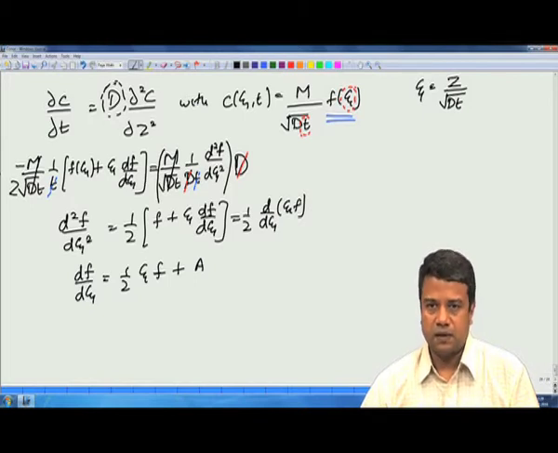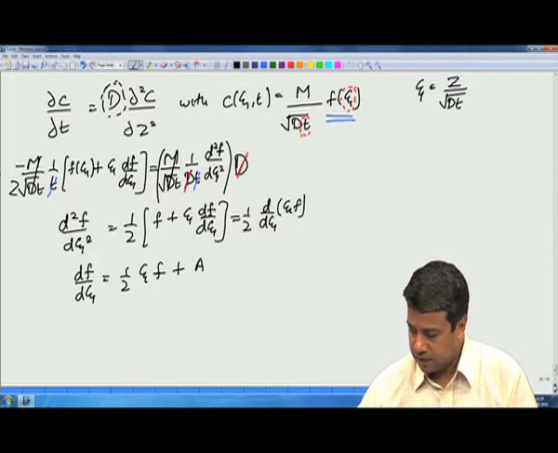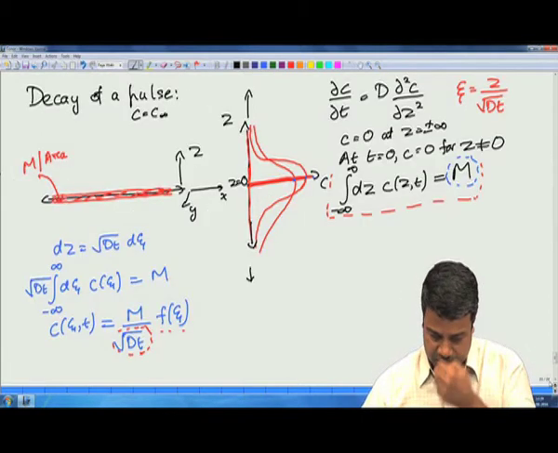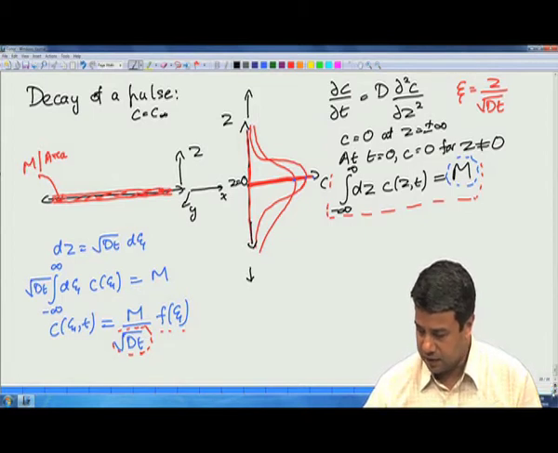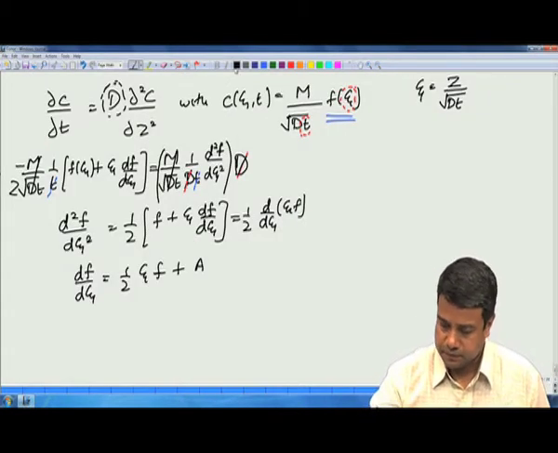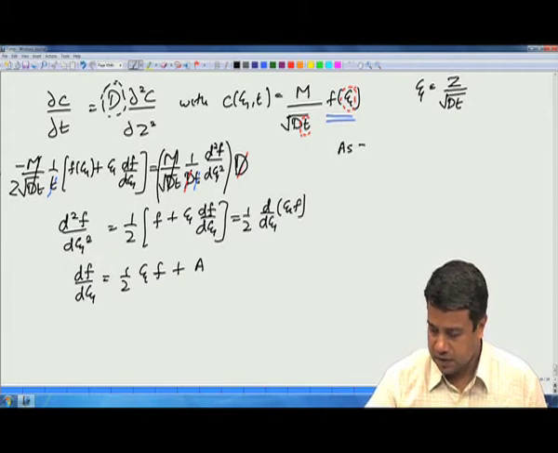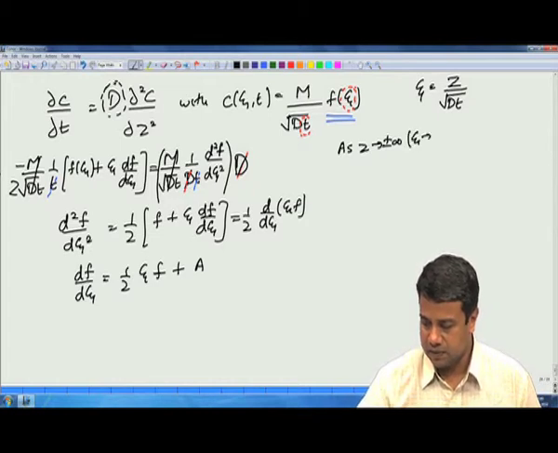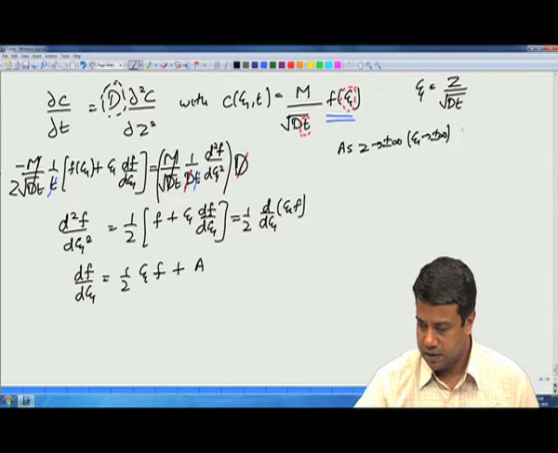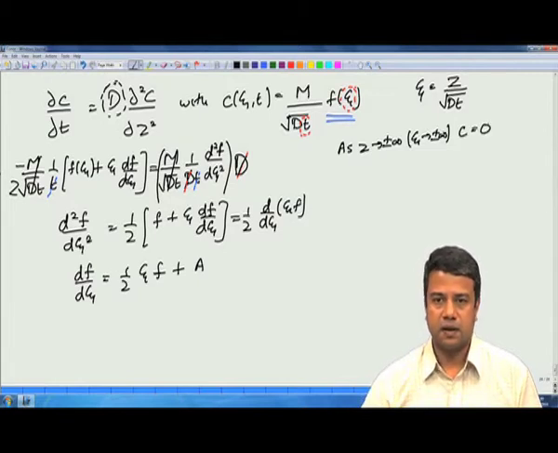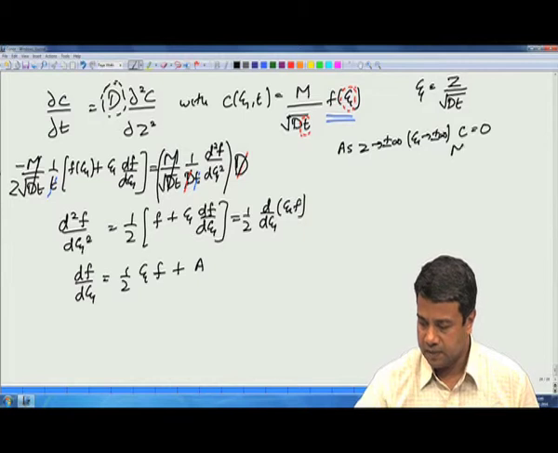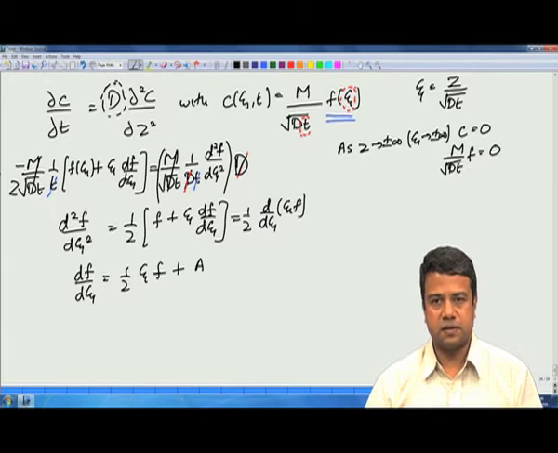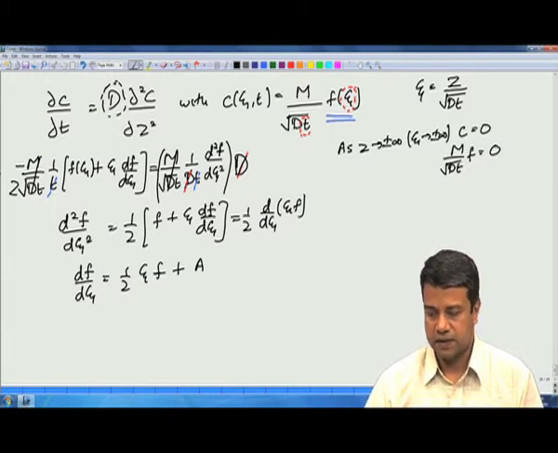Now, this constant A you can determine from the boundary conditions. If you recall, if I write down the boundary conditions in terms of the function f, as z goes to plus or minus infinity, which corresponds to psi going to plus or minus infinity, c is equal to 0, which means that m by root Dt f is equal to 0, because c is equal to m by root Dt into this function f of psi.